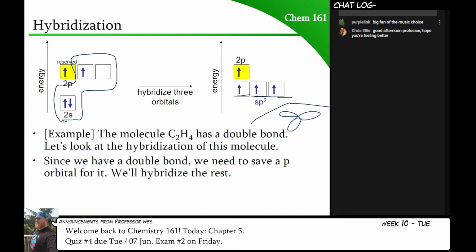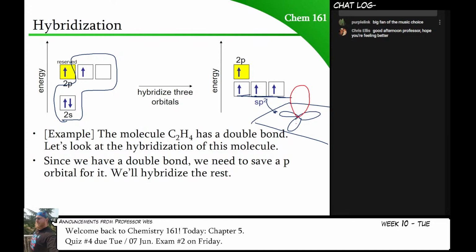So if this is the plane of my paper, my 3 orbitals would be on the plane of that paper. And then the p orbital goes in the only logical spot that it can really go. It can't go in the xy plane, it'll intercept other orbitals.